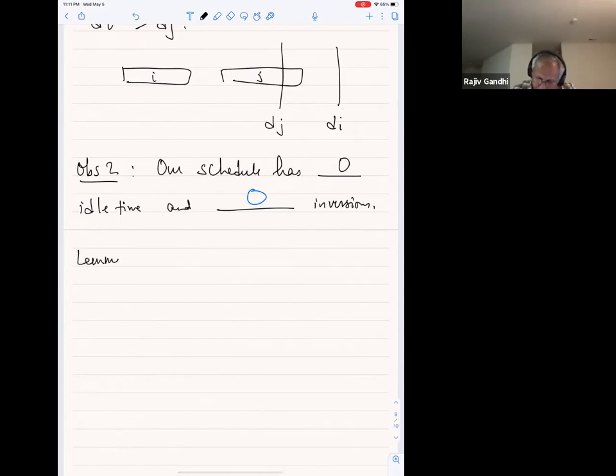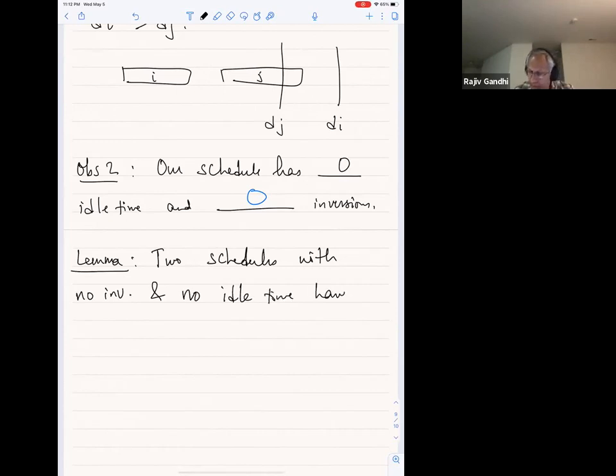Another lemma: two schedules with no inversions and no idle time have the same maximum lateness. If you take two schedules with no inversions and no idle time, then they have the same maximum lateness. Let us quickly argue why this is true, and then we'll stop.